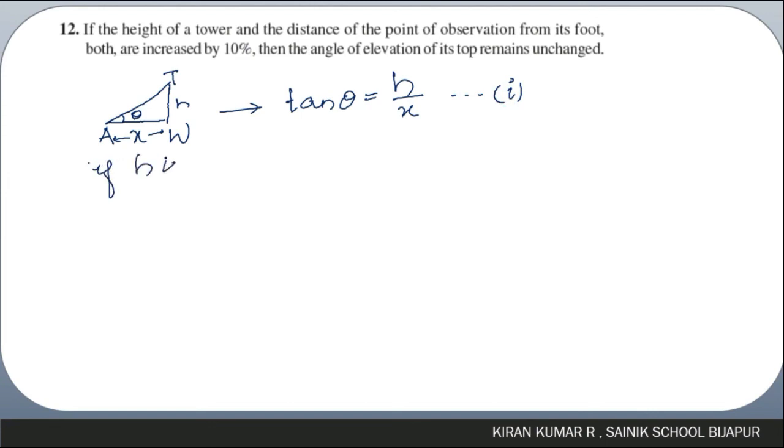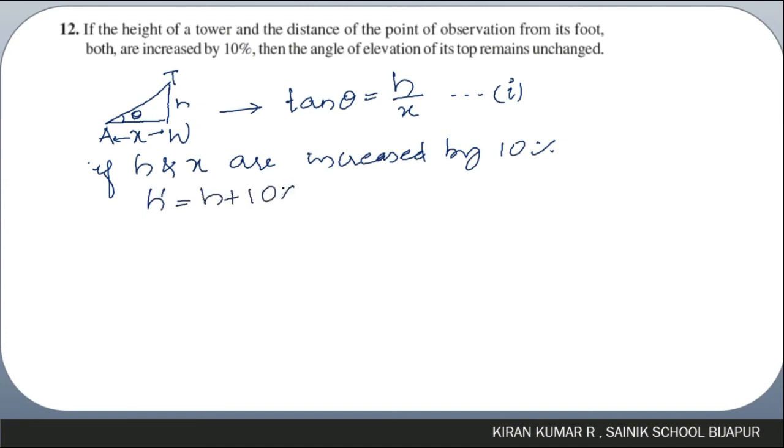If h and x are increased by 10%, the new height, let me call it h dash, will be h plus 10% of h. It means that h is added to 10 by 100 times of h, which we get as 1.1 h.